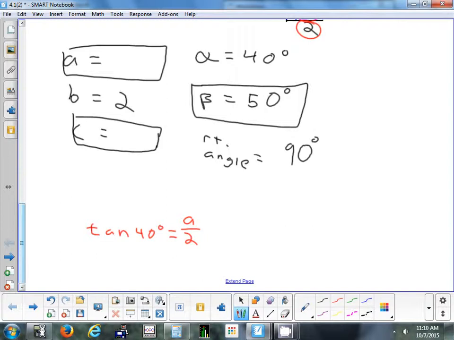So how do I get rid of dividing by 2? Multiply by 2. So the 2's are gone. And I get A equals 2 tangent 40. And that's it. We're going to plug that in, but that part's easy.